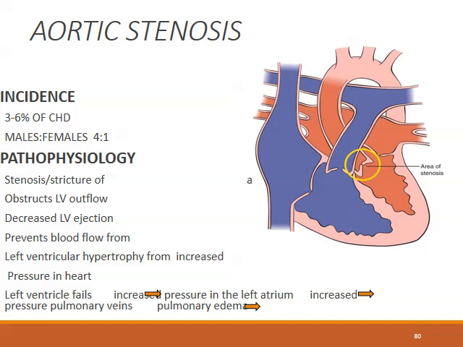Also, left ventricular hypertrophy from increased pressure in the heart. So the left ventricle fails, increases the pressure in the left atrium, and increases the pressure in the pulmonary veins to the pulmonary system and causes pulmonary edema.